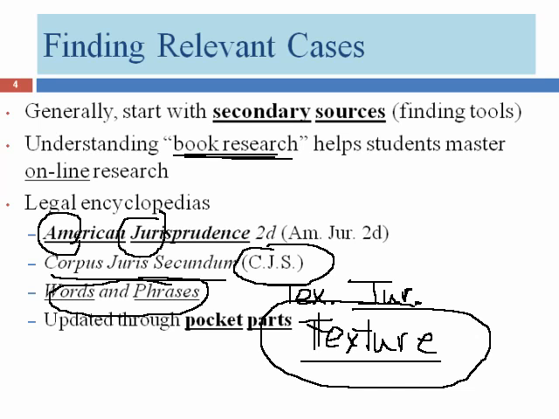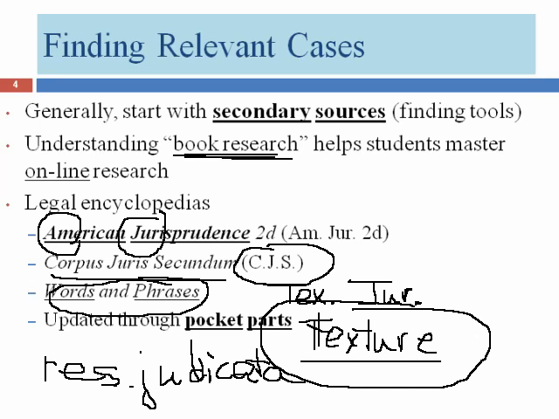And so what you do is you look up res judicata. This is the word, res judicata. And it would show you prominent cases that have used the term res judicata.